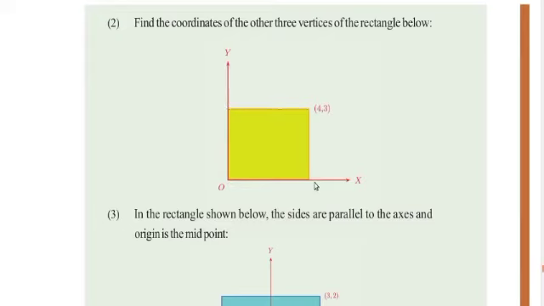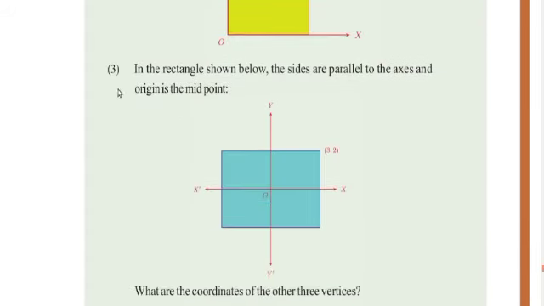The fourth vertex is at the origin, so its coordinates are 0, 0. So the coordinates of the vertices are: the origin 0, 0, this point 4, 0, this one 4, 3, and this point 0, 3.